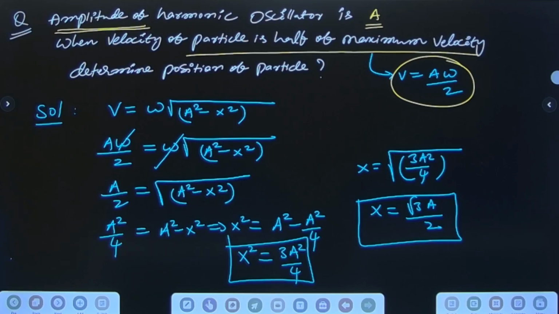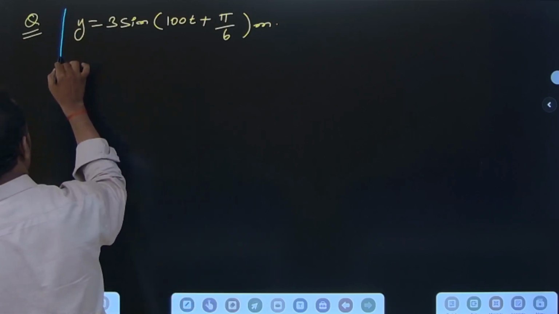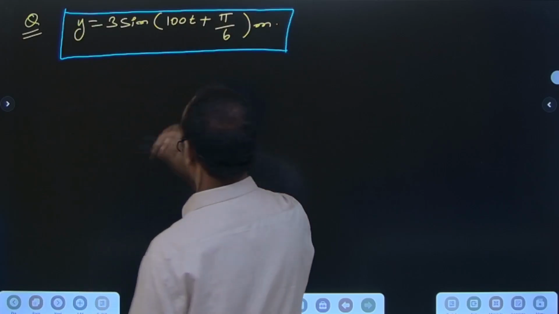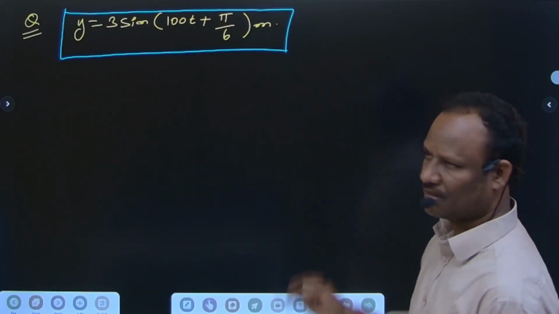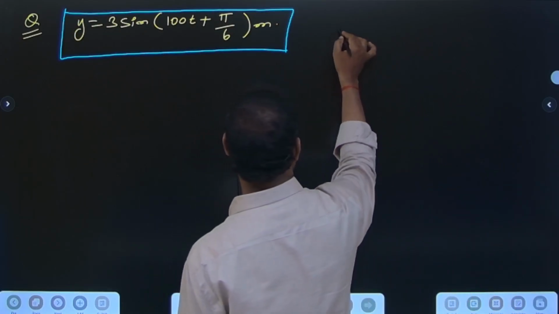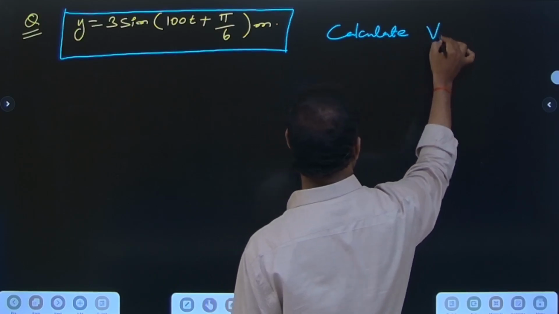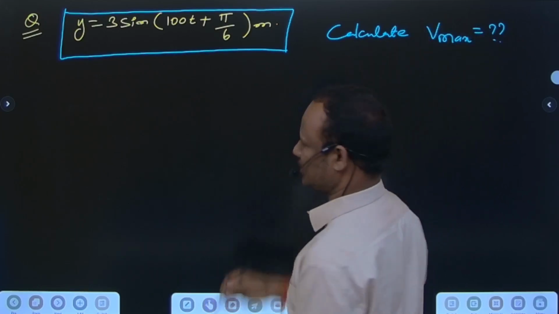So this is one model of question. And the next model of question: the displacement of a particle in SHM is given by y is equal to 3 sine of (100 t plus pi by 6) meter. Calculate V max. It's a very simple relation.